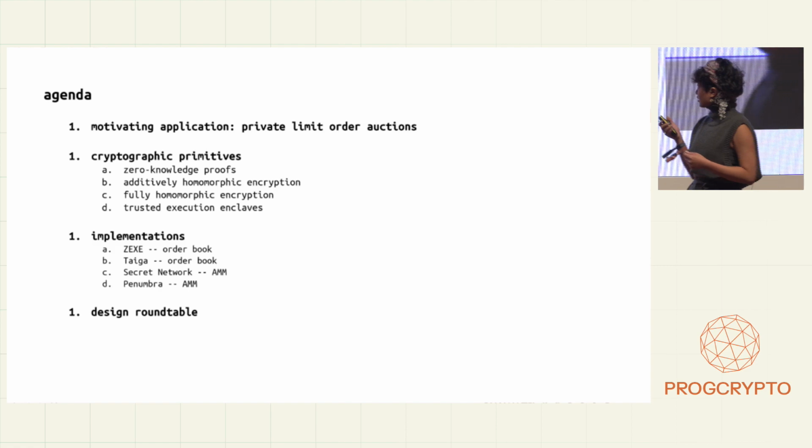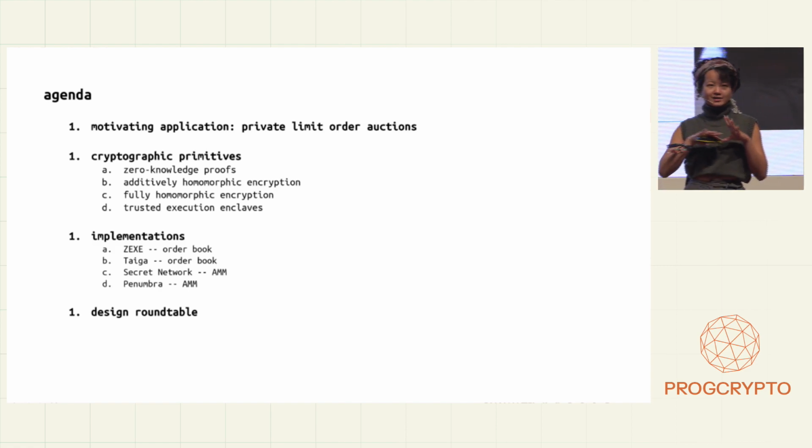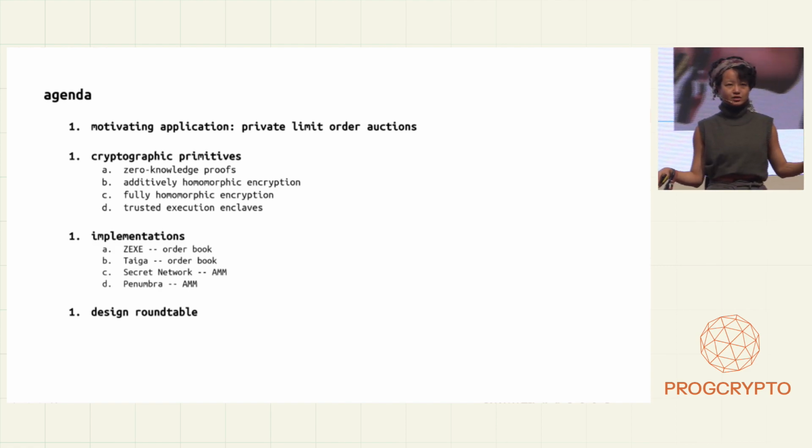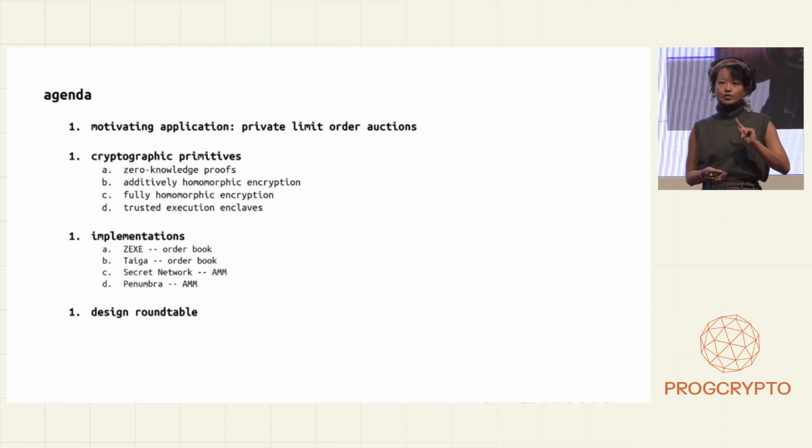So we're going to examine all of these solutions using just one application, which is the limit order auction. And we're going to see how the limit order auction is implemented in each of these different solutions.